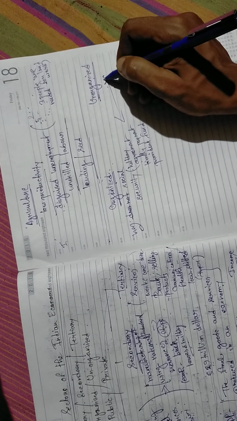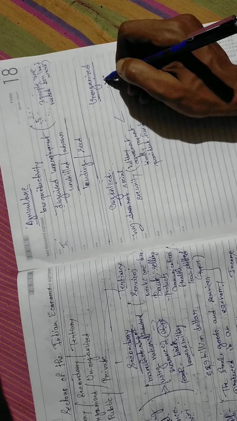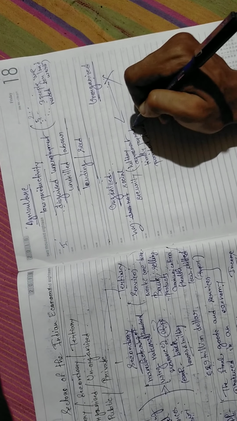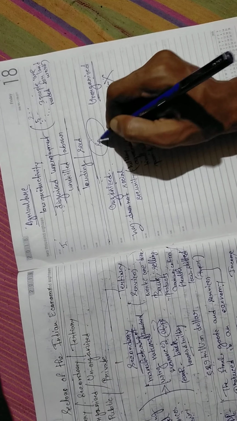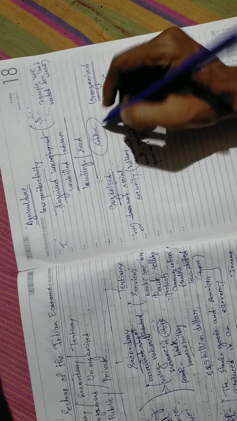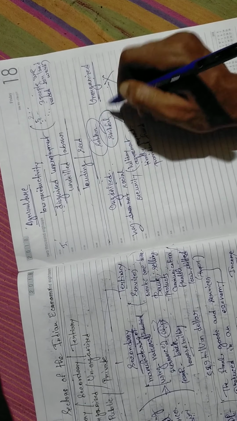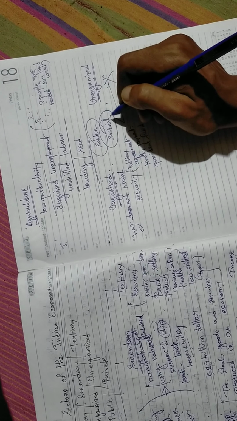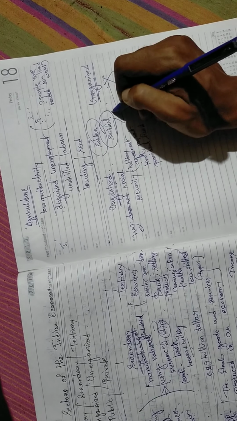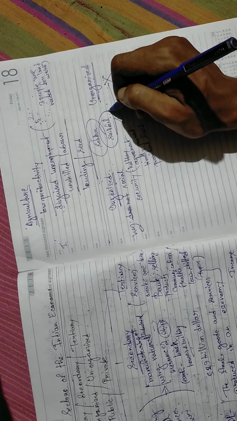But in the unorganized sector, low skill laborers can do the work. That's why they don't have those facilities. So the solution is we can educate our population and make them skillful. I always emphasize we have to make our population skillful in other areas. This way we can increase our employment ratio.